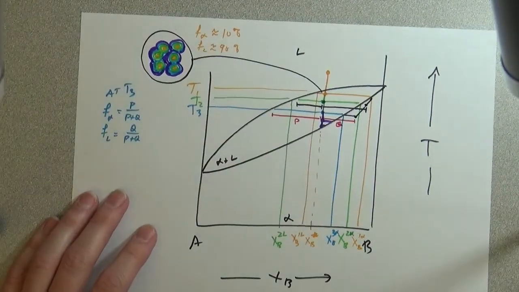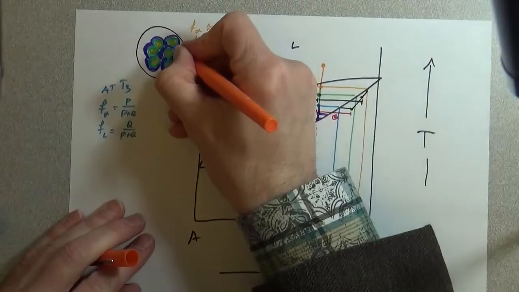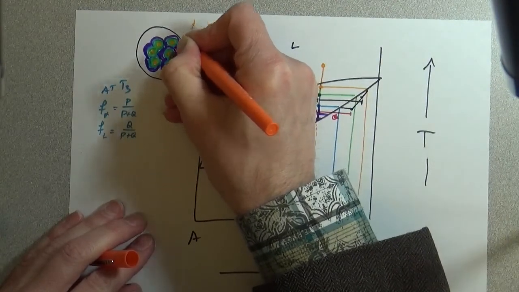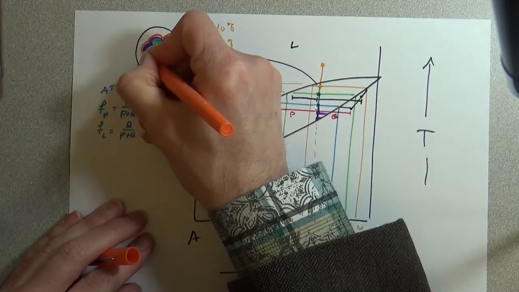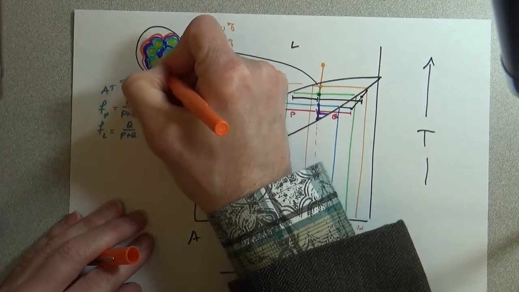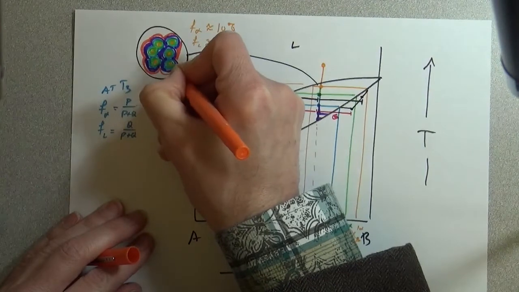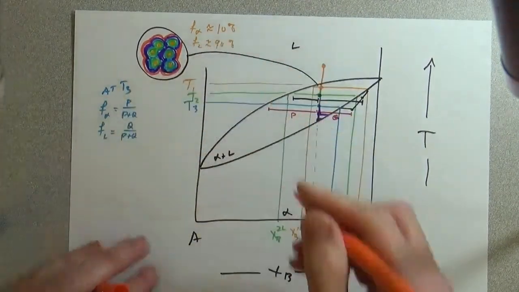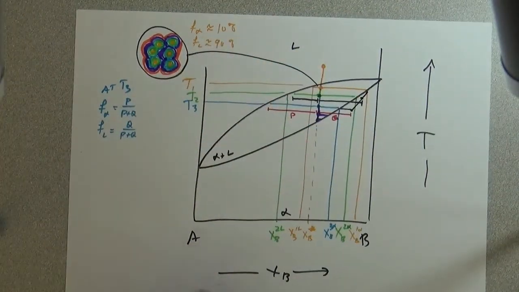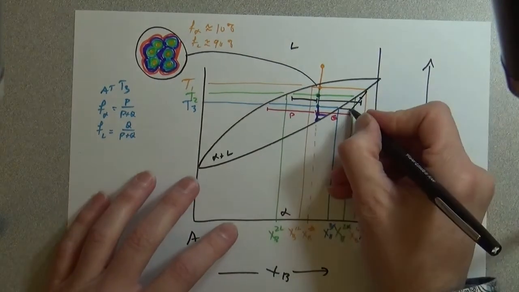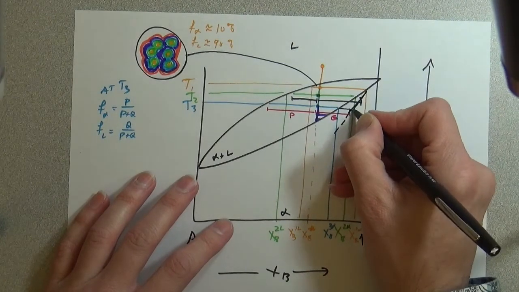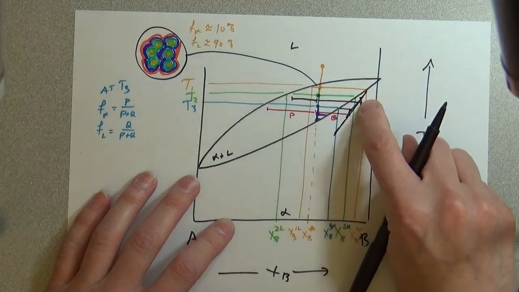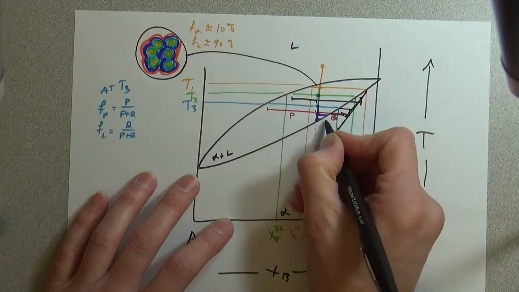Let's get another color here. Until we reach, and in doing that, we are again essentially extending this phase boundary over to the right.